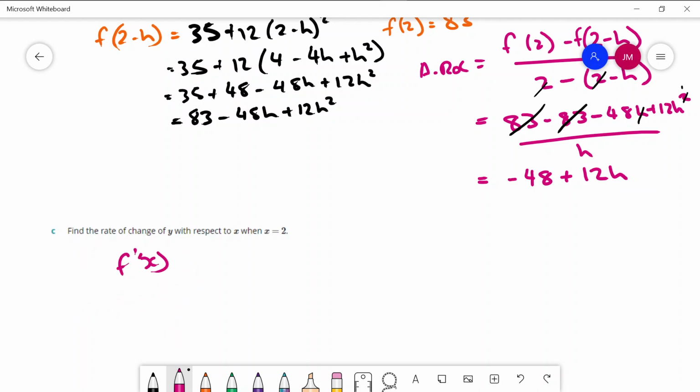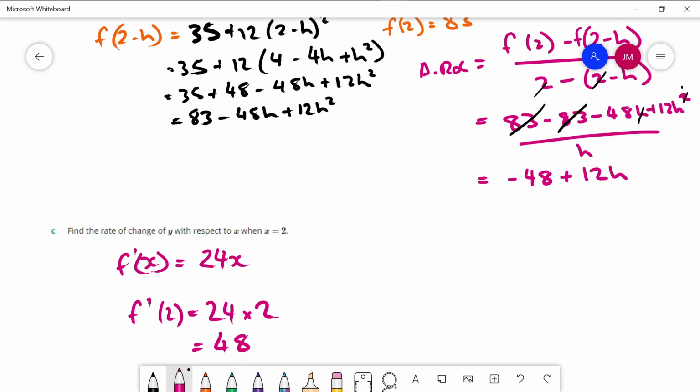So the 35 would drop off. We had plus 12x squared, so that'll become 24x was my derivative. And so therefore the derivative at 2 would be 24 times 2, which equals 48.